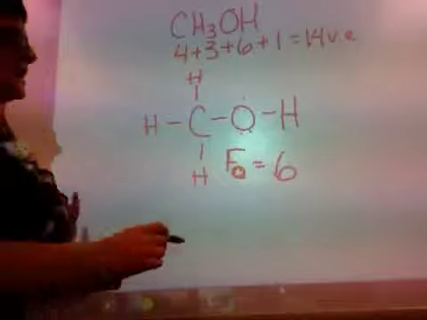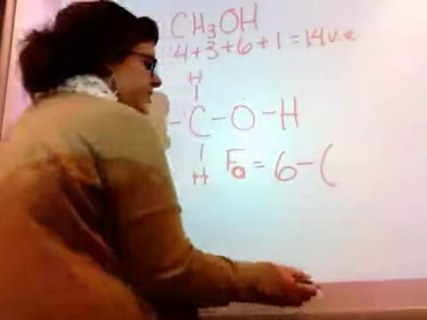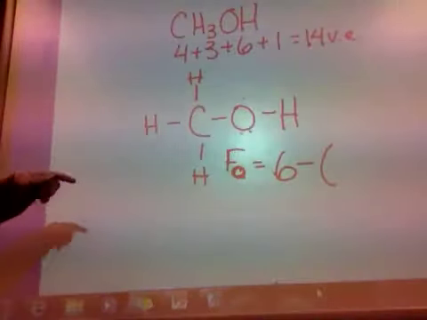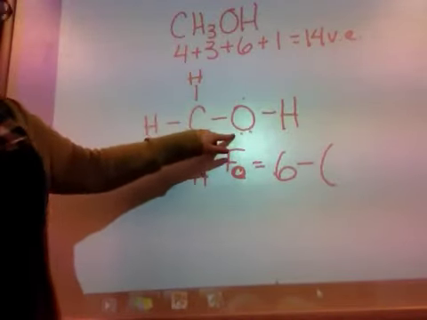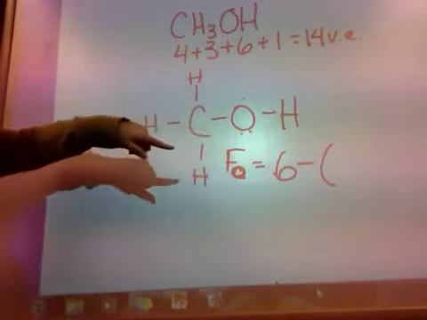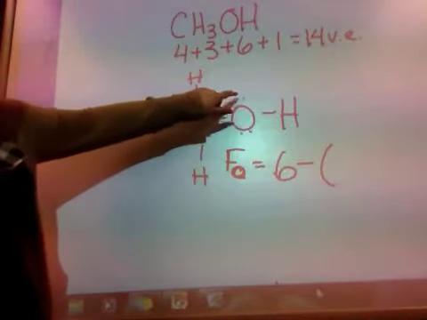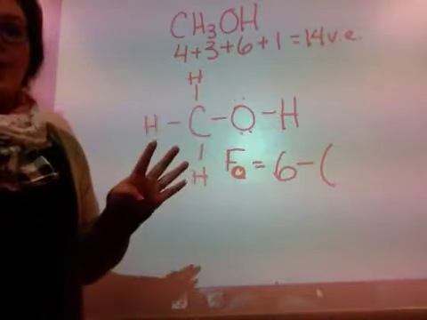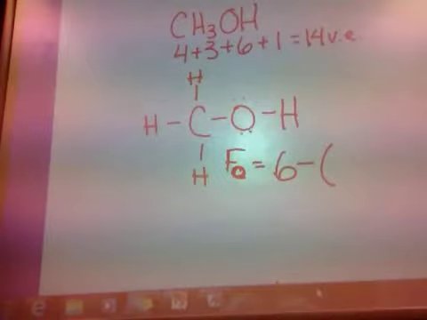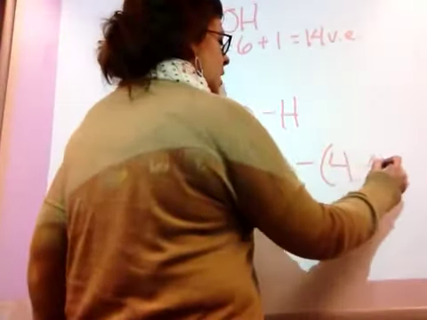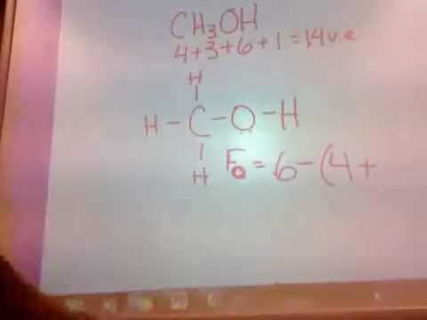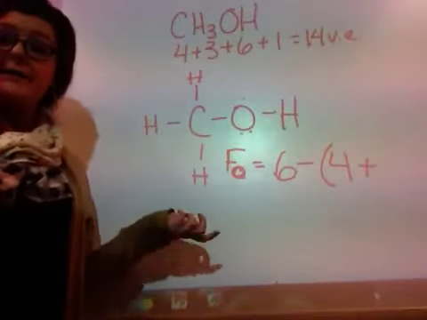Now I'm going to take that minus the number of electrons that are acting as lone pairs. Well, this is a lone pair, and this is a lone pair. So that means that total, I have 1, 2, 3, 4 electrons that are acting in a lone pair. So I'm going to do minus 4 plus the number of electrons that are acting in a bond.